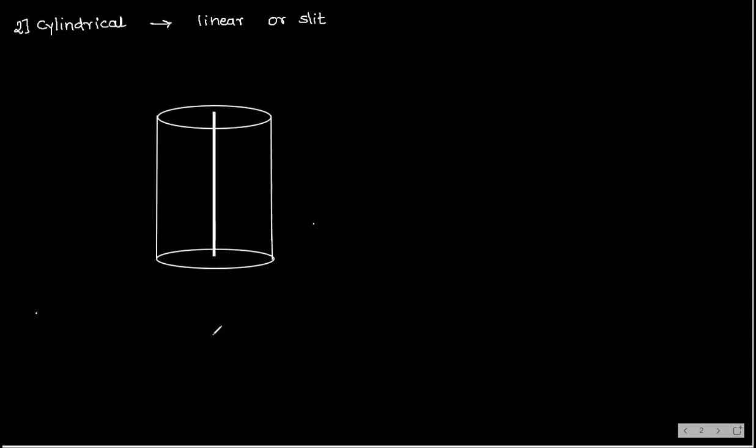From this source, the light will get distributed something like this. I'm showing it with the diagram, try to understand.